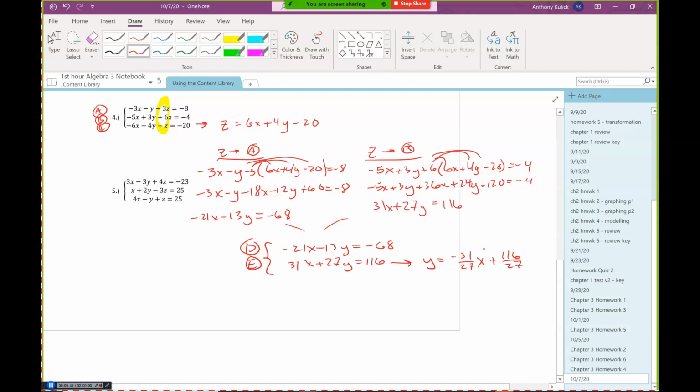And now we'll plug that into equation D. And so I'll have negative 21x minus 13, and then instead of y, we'll write this.